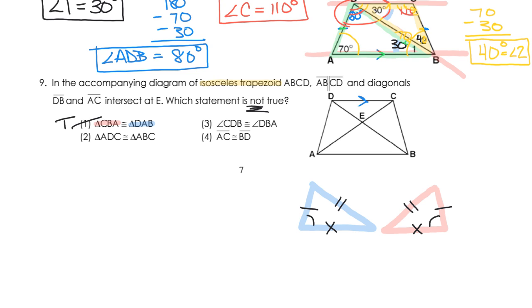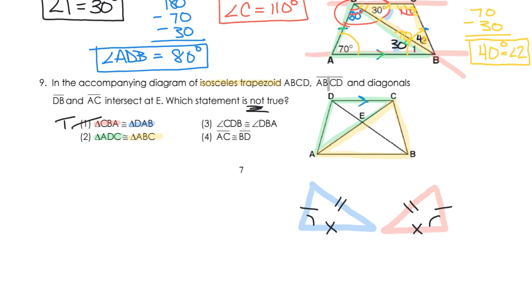This time, they want triangle ADC, ADC. And they want to see if it's congruent to triangle ABC, ABC. Well, just looking at it, they don't look very equal at all.